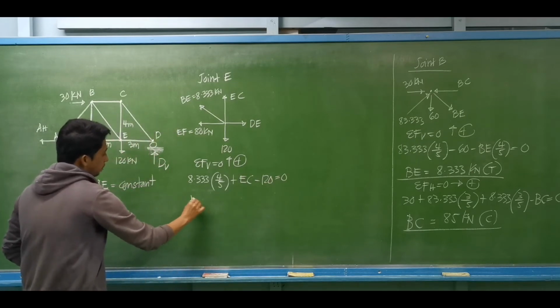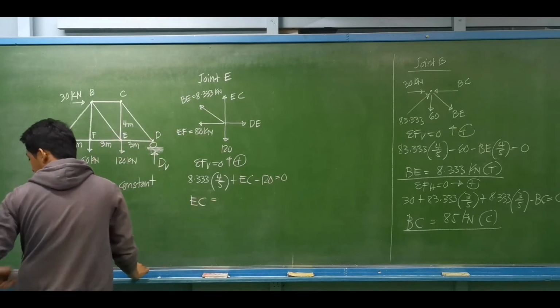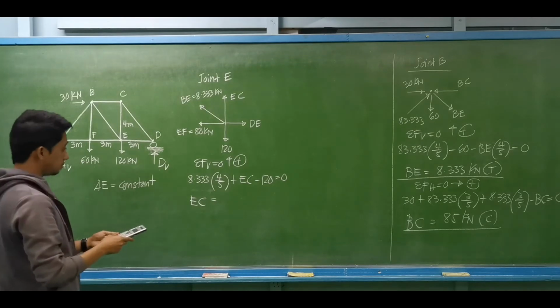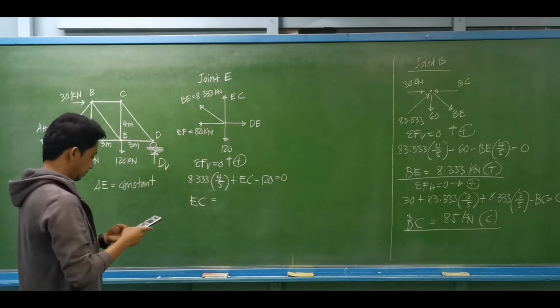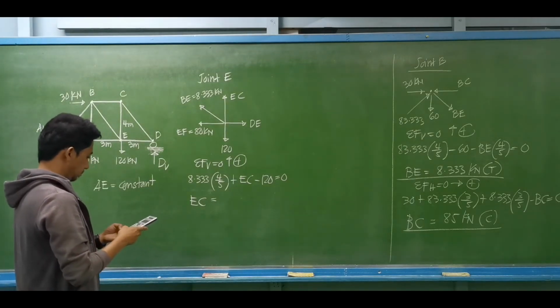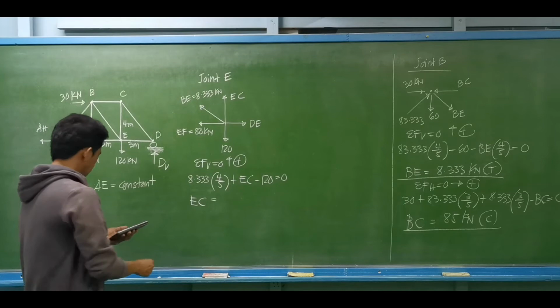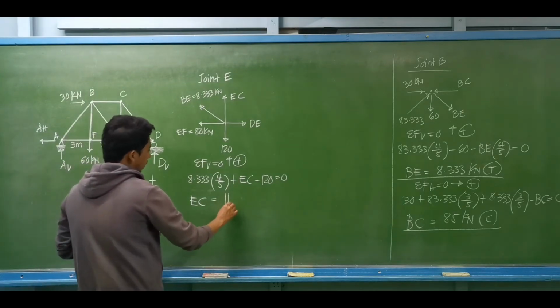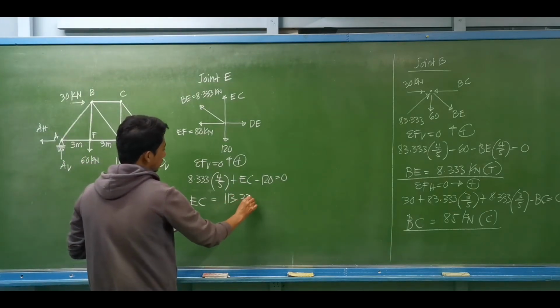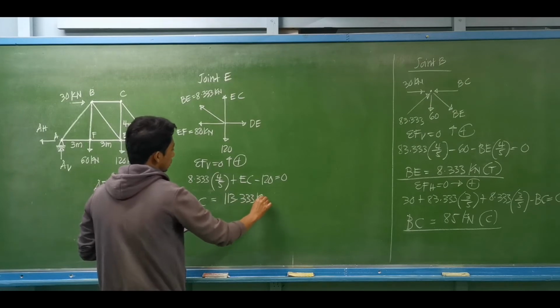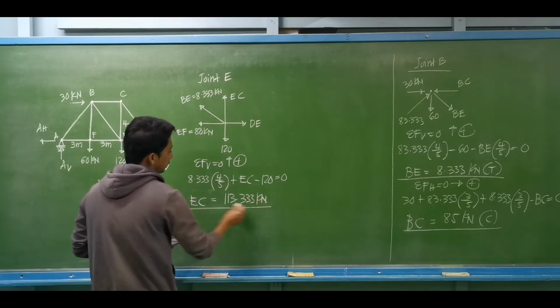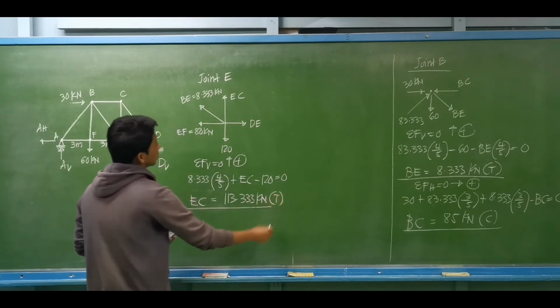So we have the axial force for member EC equal to 113.333 kilonewtons, and this is under tension.